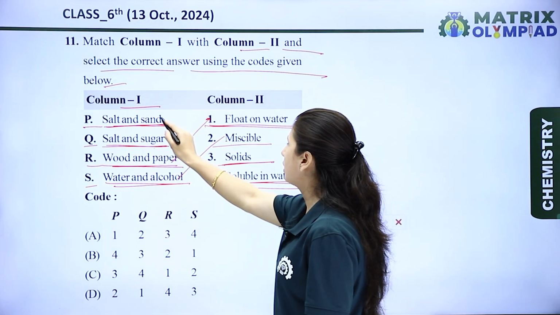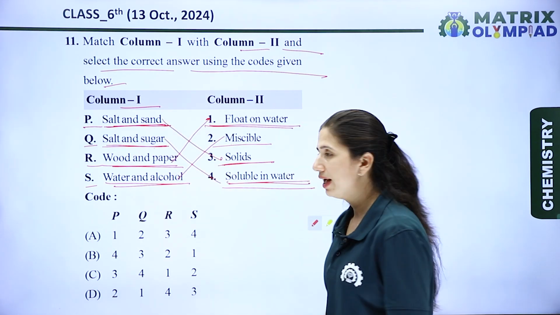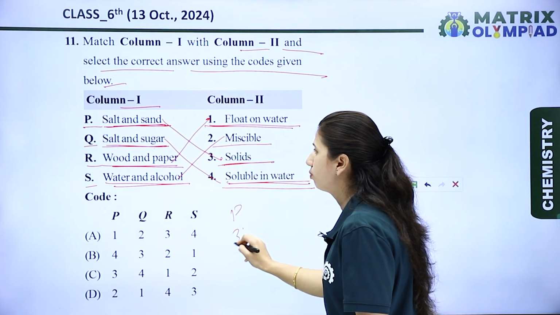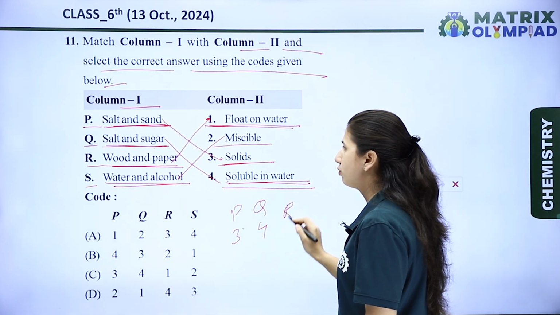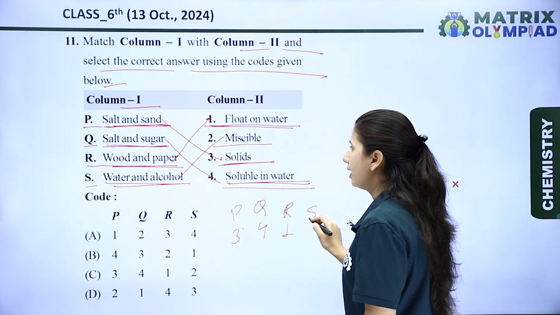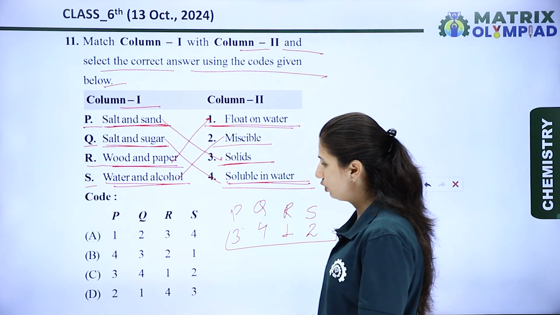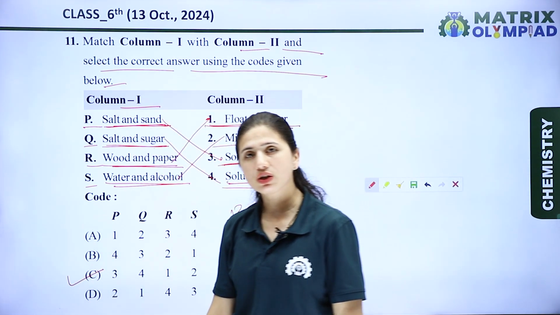So P matches with third and Q matches with fourth. Okay, let's see the option. P matches with third, Q matches with fourth, R matches with first, and S matches with second. So 3, 4, 1, 2. So option C is the right option for this question.